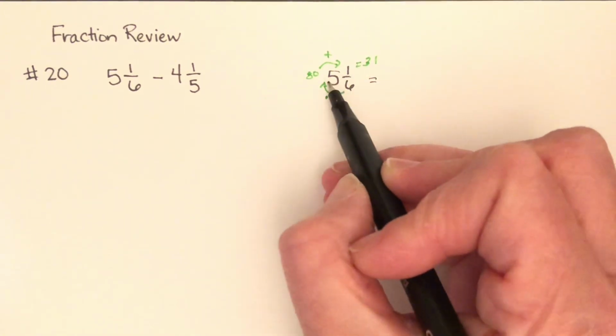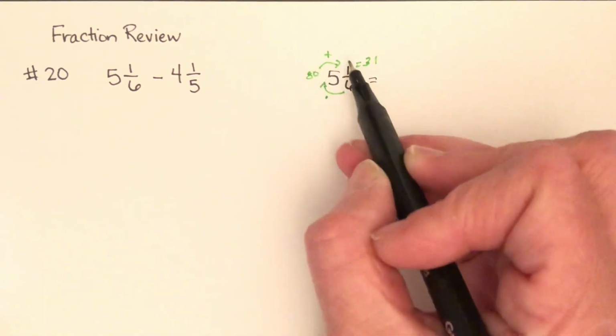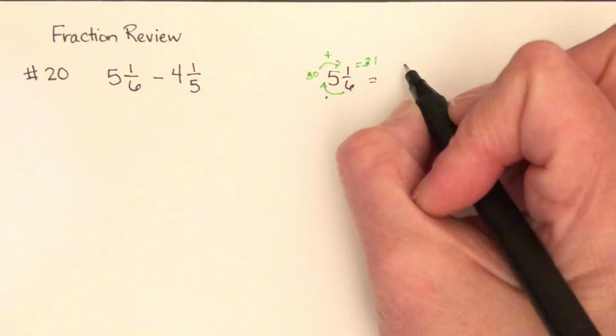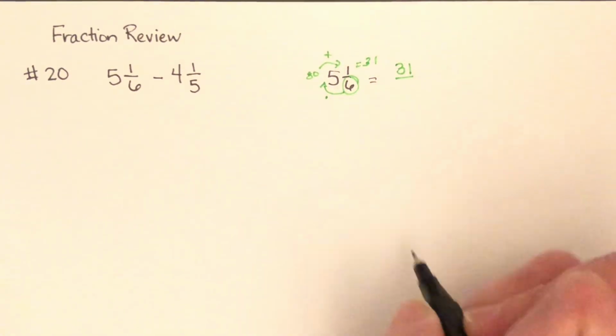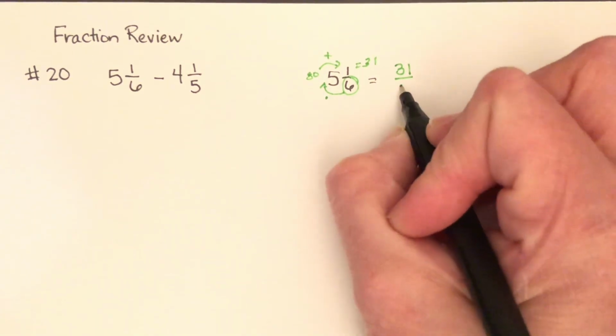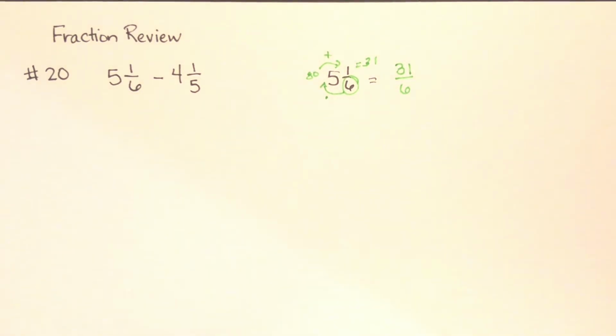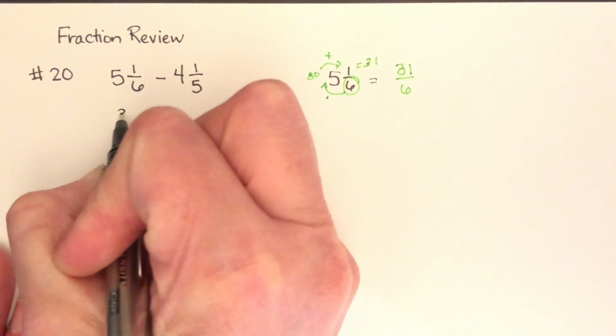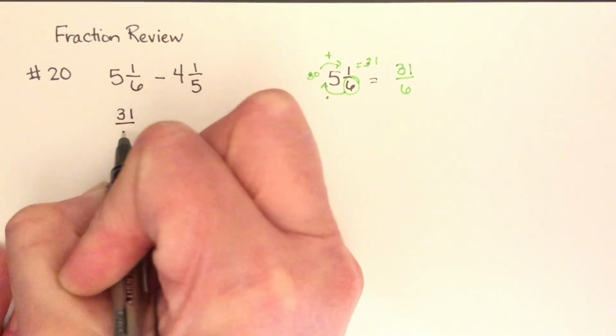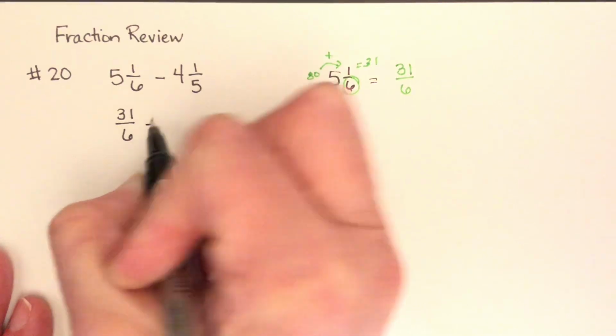So 6 times 5 is 30, 30 plus 1 is 31. So this is equivalent to 31 over, and we always keep the same denominator. So this is 31 over 6. So this first fraction right here is the same thing as 31 over 6, and minus.